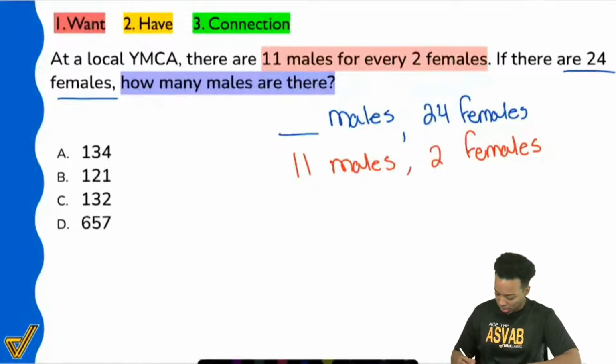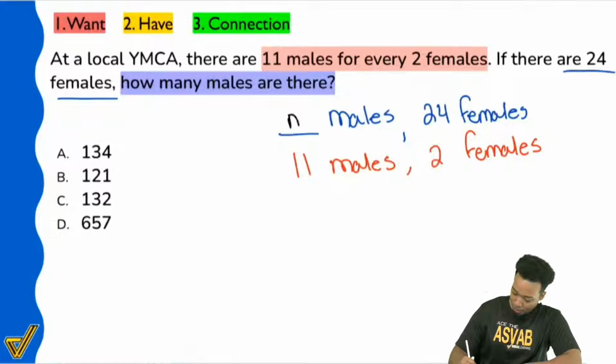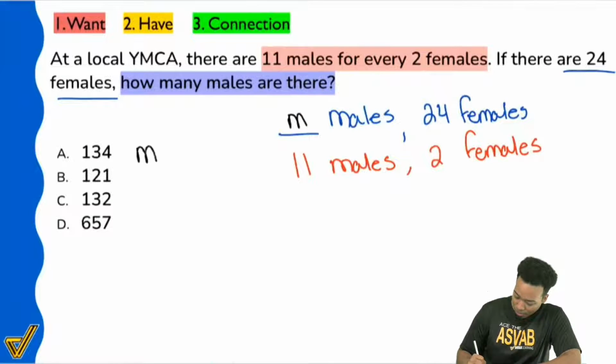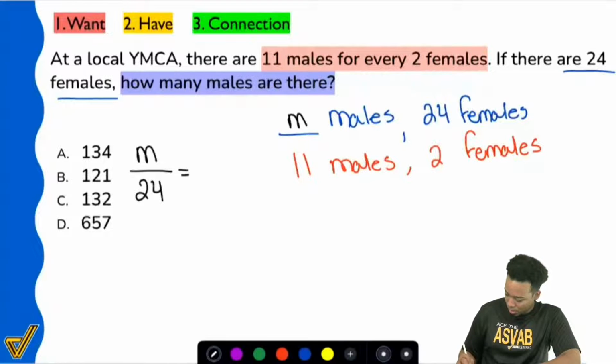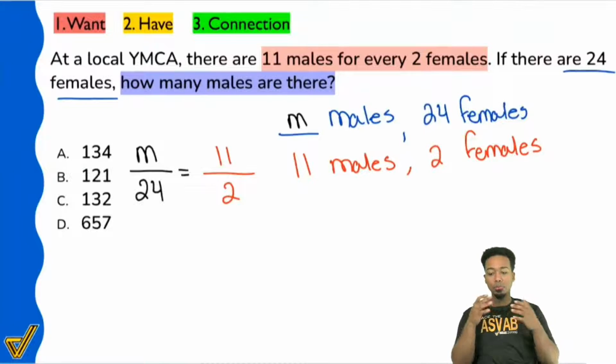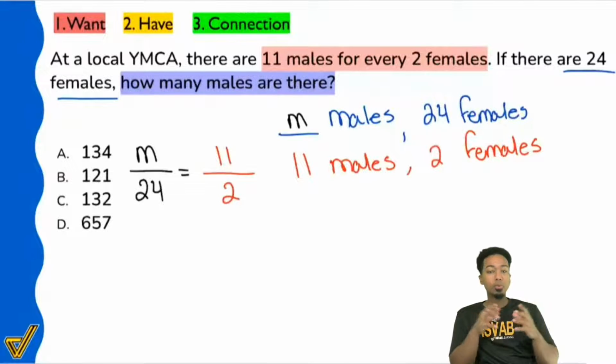So watch this. I can say M males, just to give it a variable, give it a letter. But I'm going to say that we have M over 24 equals 11 over 2. This proportion here, it's there. Boom, we're good. And my party people, Xavier, chill.